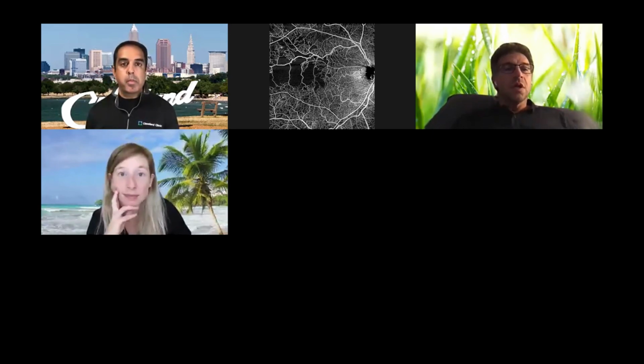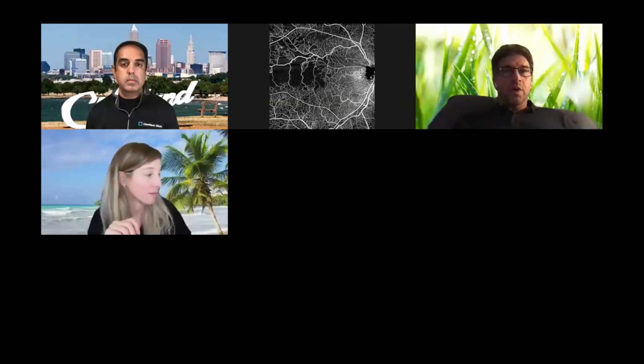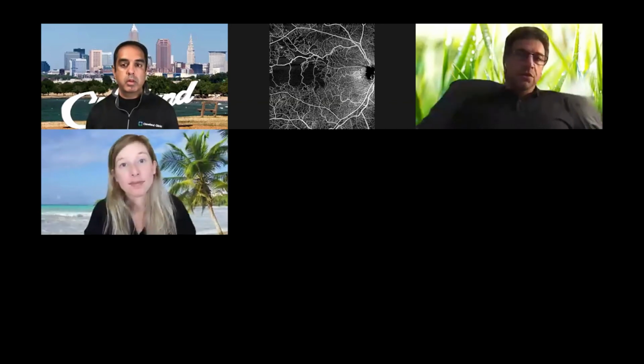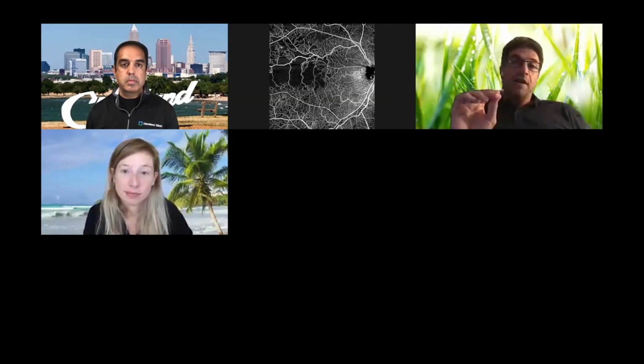The way we measure is in millimeters and using the indirect ophthalmoscope, and it depends on tumor size and tumor location. When the lesion is small, we measure in 1.5 millimeters, which is the diameter of the optic nerve.